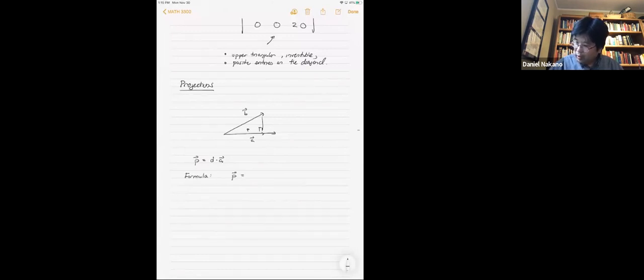P is going to be equal to the inner product of A times B over A times A, times the vector A. Okay, so this is just the projection formula.